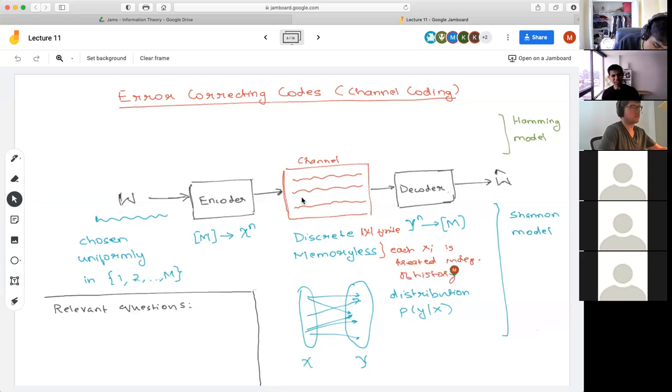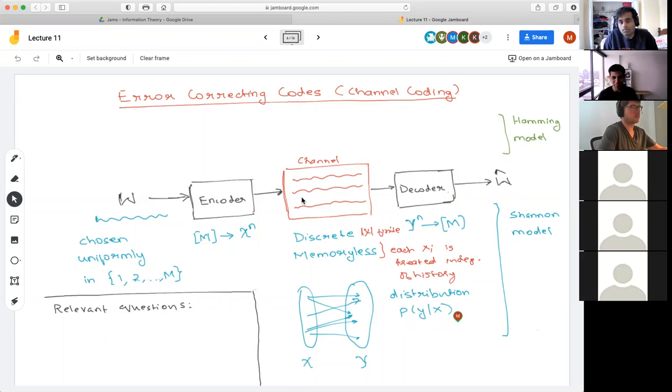So what does this mean? I'm sending a string of length n. This channel is an abstraction of what kind of noise can occur when we are trying to communicate. The memoryless property means that when I send the first element of my string, the channel will possibly introduce some noise, which is captured by a distribution, p(y|x).